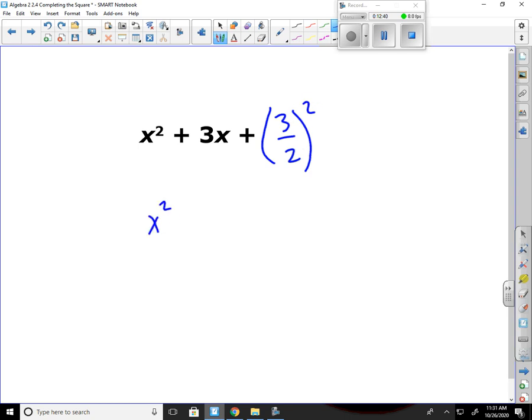So it's x squared plus 3x plus 9 over 4. That gives us x plus 3 over 2 squared. So even if that gives you a fraction, you have to be ready for that because it'll still work.